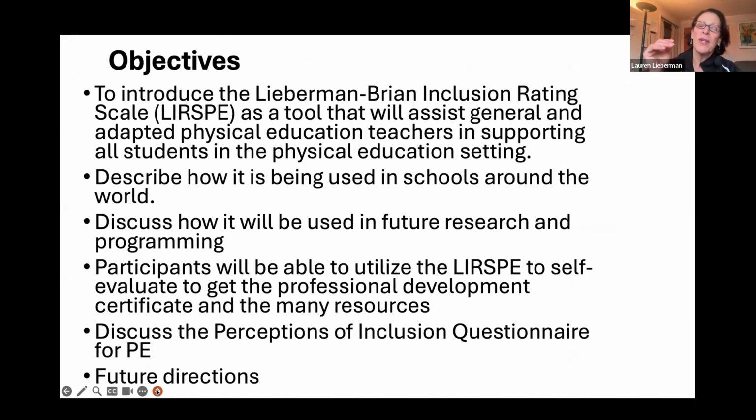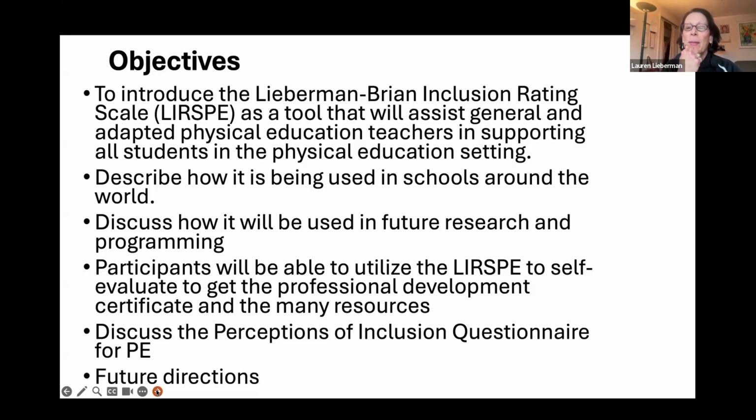And so for this afternoon, some of you it's afternoon, some of you it's night. But the goal here is to introduce the Lieberman-Bryan Inclusion Rating Scale for Physical Education. It's a tool that can assist general PE and adapted physical education teachers in supporting all students in the physical education setting, and that it's not just for kids with disabilities.